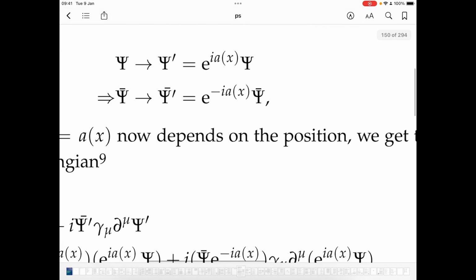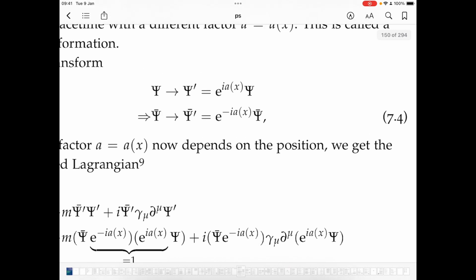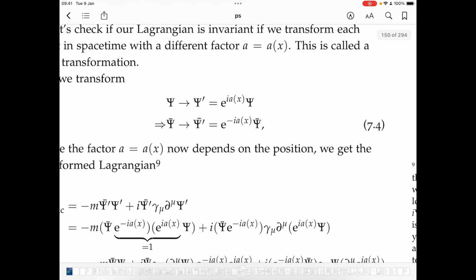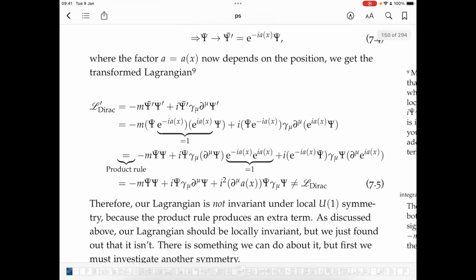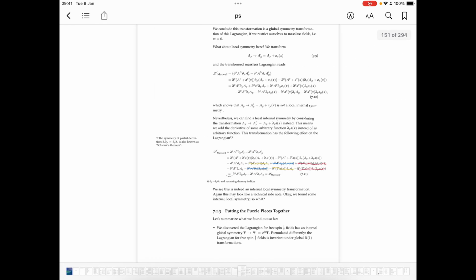The fermion is multiplied by an exponential, where the power depends on the position, so it's not constant everywhere. And it produces that term with the derivative of alpha(x), which doesn't cancel unless you add the correct interaction term.